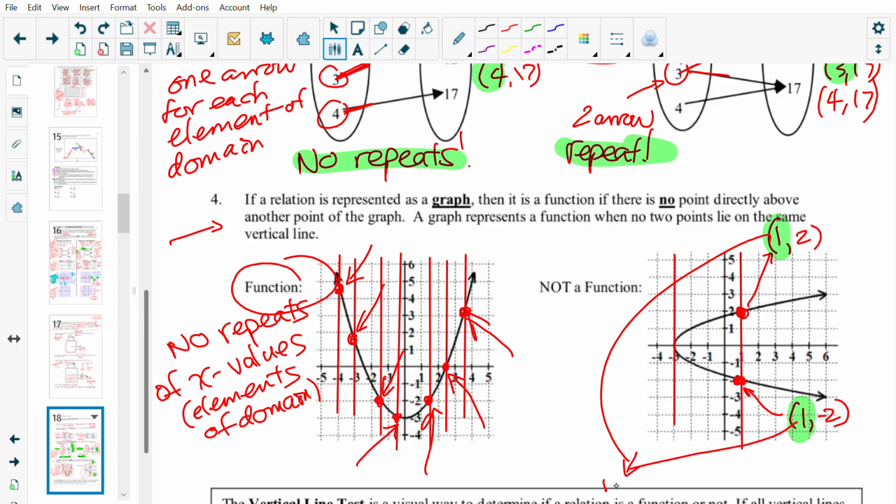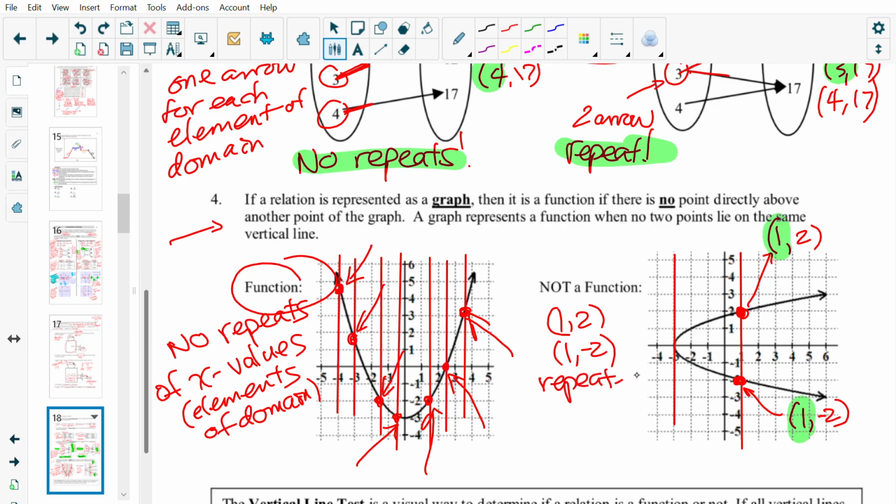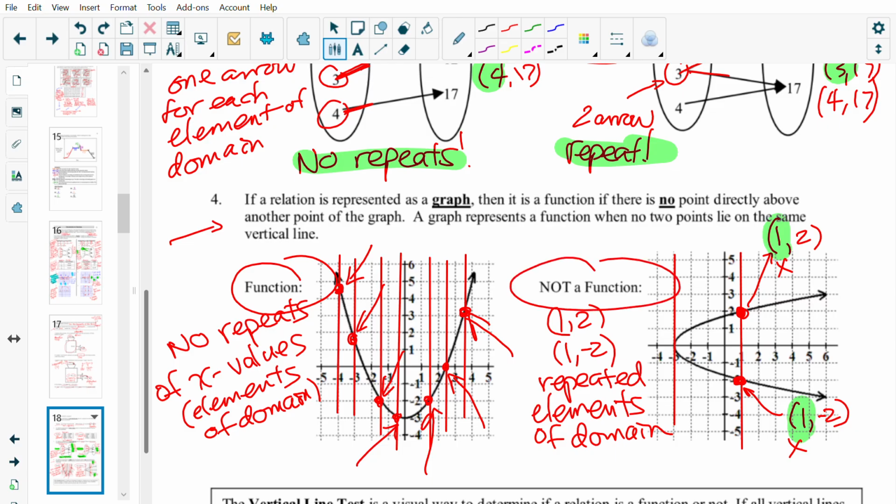So I have point 1, 2, and 1, -2. And I have repeated elements of the domain. Right? So this is my x value, therefore not a function. And you can see that with many, many other points, like right here and here, right here and here. It's going to fail the vertical line test.